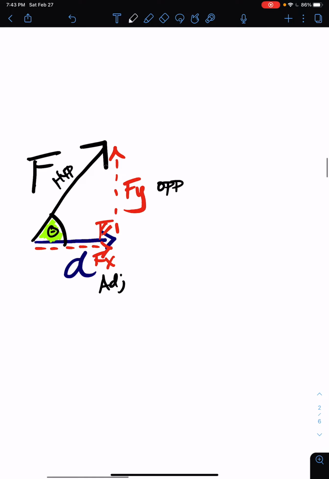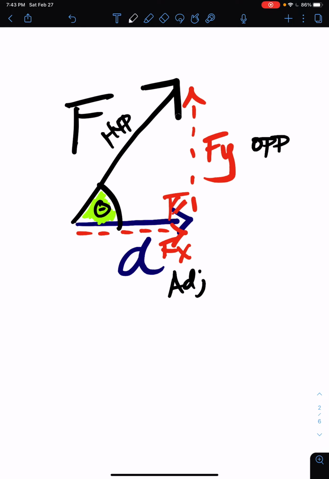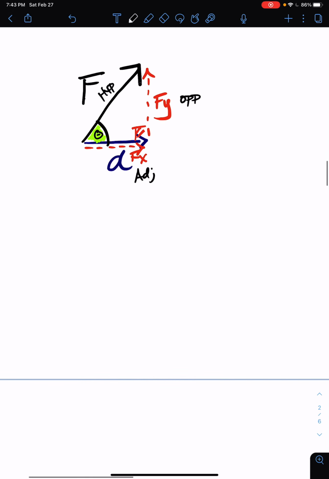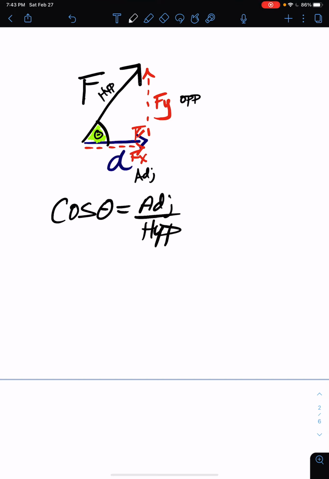So if I want to know what F of X is, which is the adjacent, I would have to use my cosine formula. So I can go ahead and write that out right here underneath it. I can write the cosine of theta is equal to the adjacent over the hypotenuse.